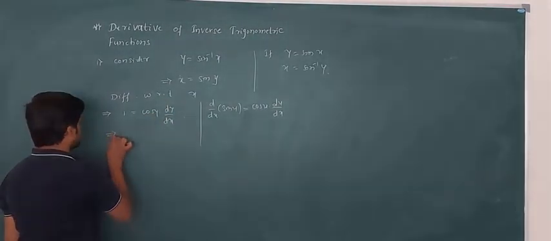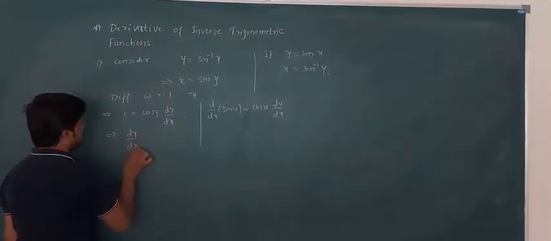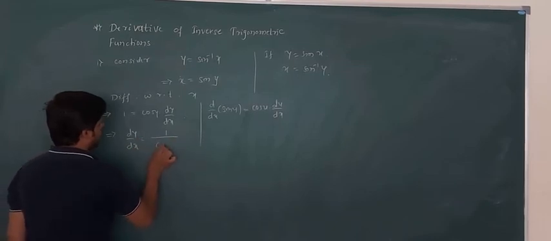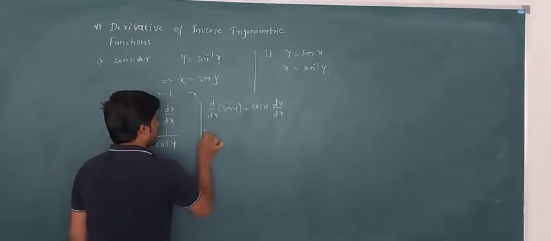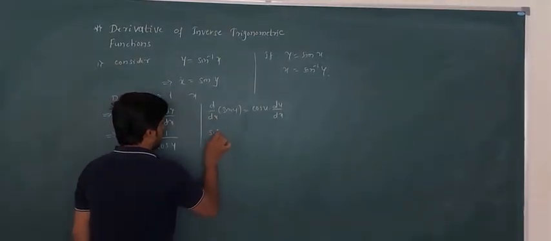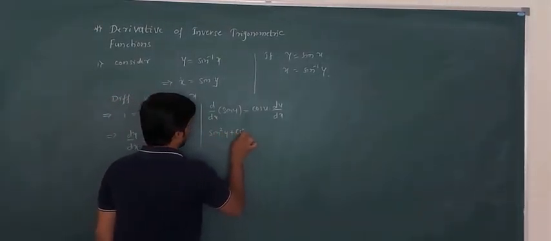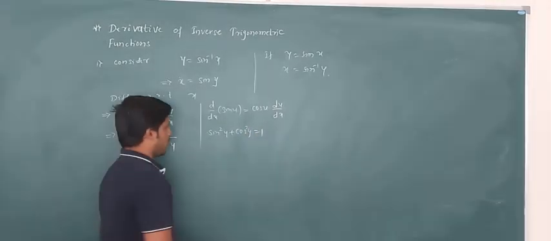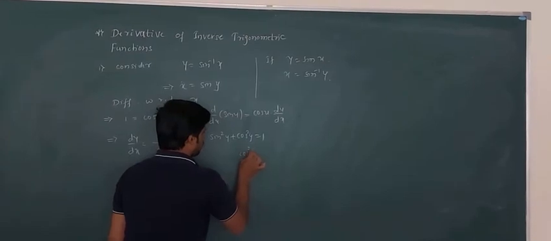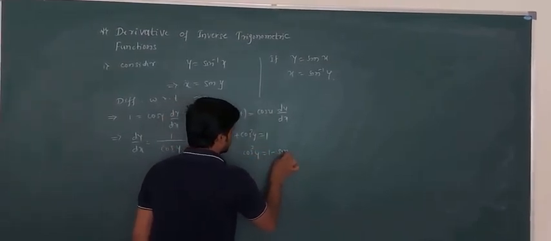Now solve for dy by dx. Here we get dy by dx is equal to 1 divided by cos y. And we also know that sin square y plus cos square y is equal to 1. Now solve for cos y. We get cos square y is equal to 1 minus sin square y.